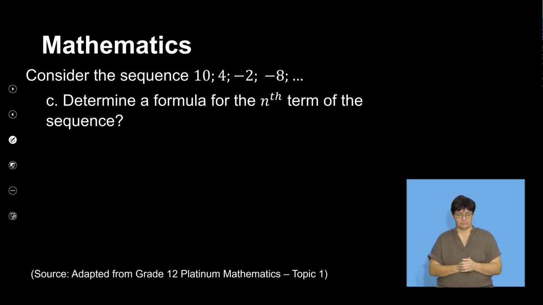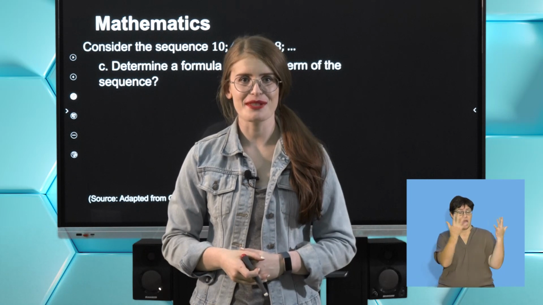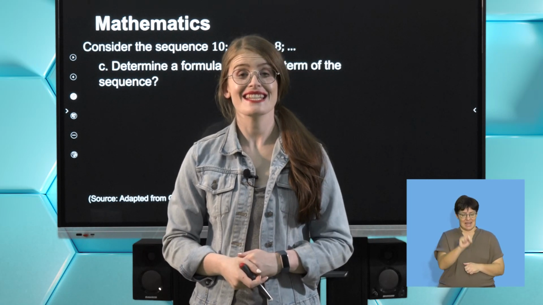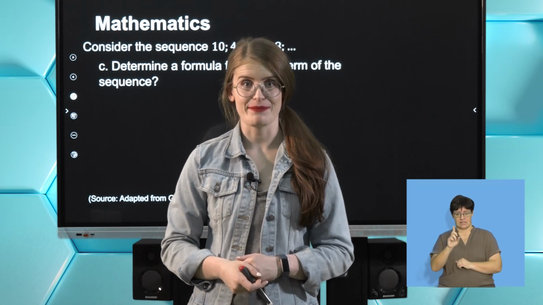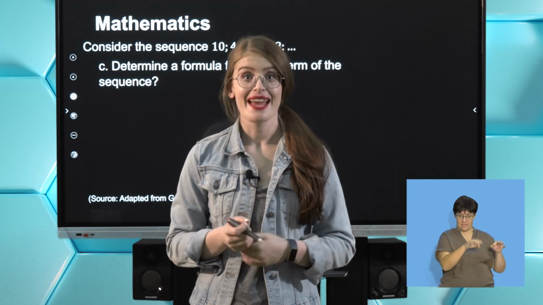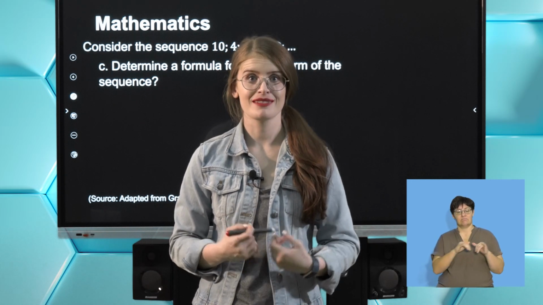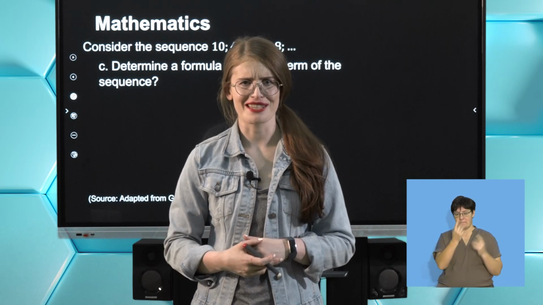Right, the next question is asking me to determine a general form for the sequence. We know that the general formula for an arithmetic sequence is Tn is equal to A plus n minus 1 d. We know that A is the value of the first term and d is the common difference. Let's write it down and actually determine this formula together.